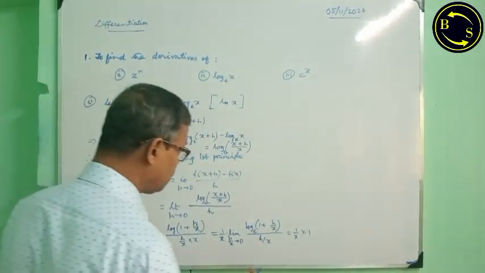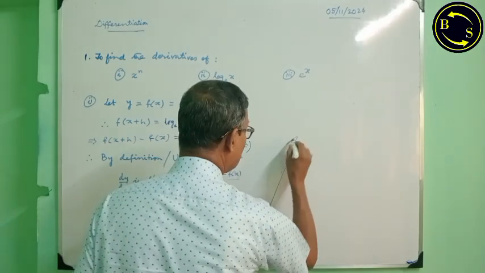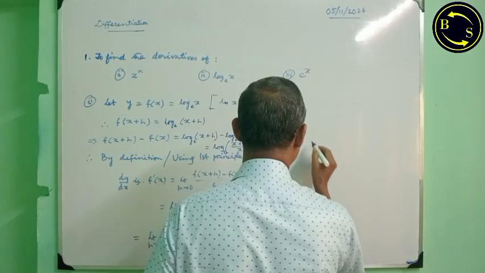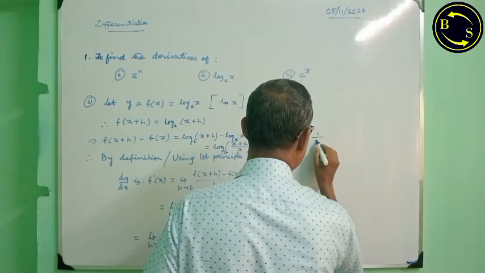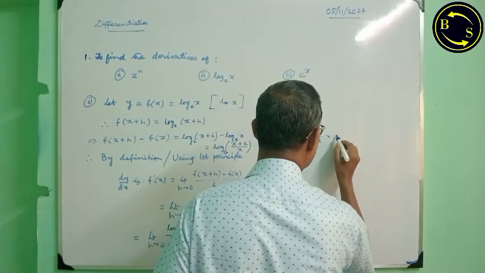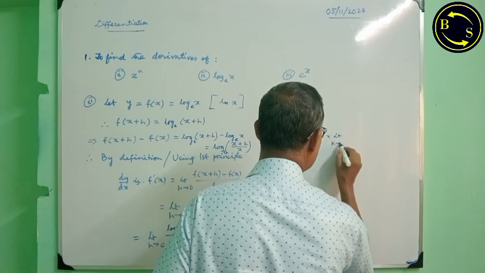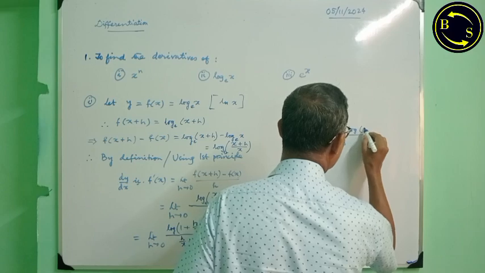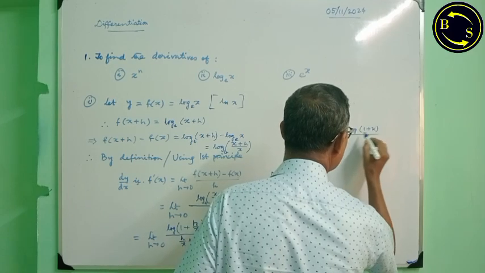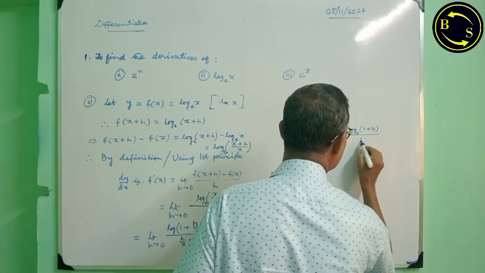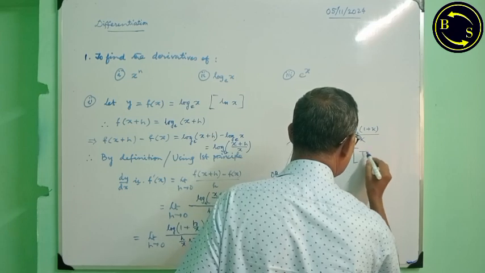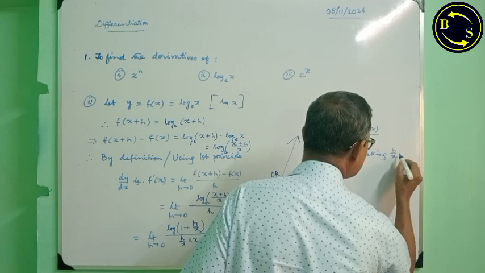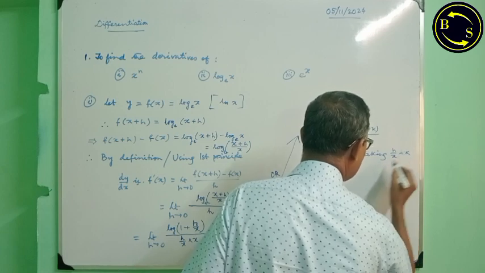Or you can do like this. It is equal to 1 by x into limit k tends to 0 of log of 1 plus k to the base e by k, taking h by x equal to k.